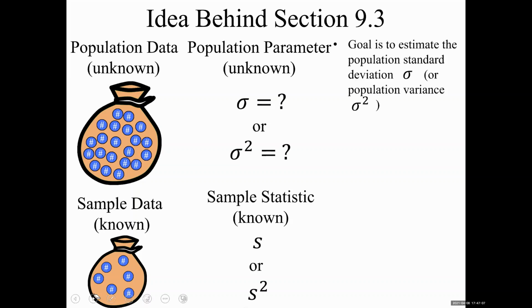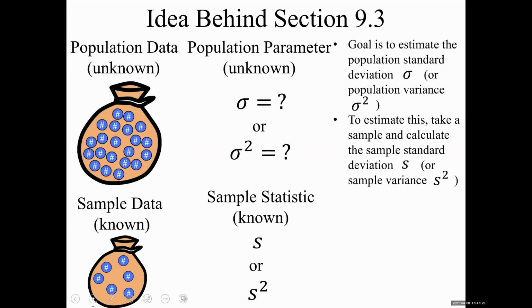Let's see what else it says over here. So our goal is to estimate the standard deviation of all the numbers in this big bag of data that's called sigma, or the variance sigma squared, depending on what the question asks. Because again, this is an imaginary bag of data. It's a huge bag of numbers that we didn't collect. Sigma is the standard deviation of all those numbers, so we're going to be guessing at it.